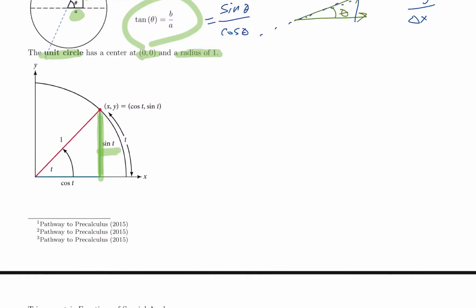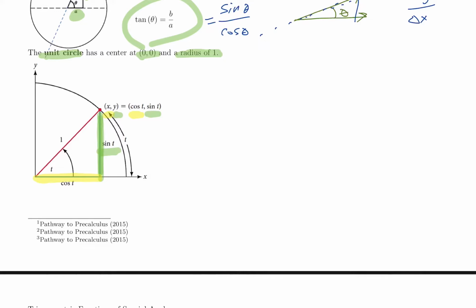Whereas for cosine, the horizontal distance, we do have to divide this distance by the radius. But because the radius is 1, we can just express it as cosine t. And in x and y coordinates, the x value is cosine and the y value is sine.